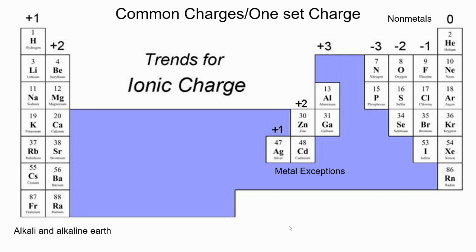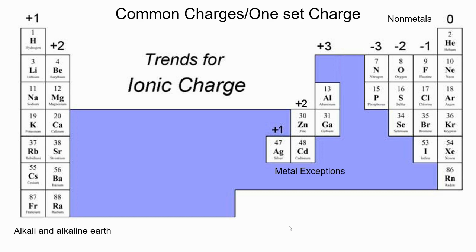And then there's a few in here that are exceptions that we need to remember. So silver always forms +1. Cadmium always forms +2. Zinc always forms +2. And then aluminum and gallium always form +3. Everything in blue that's not highlighted either doesn't form an ion generally, or the things over here, the transition metals, form multiple charges.